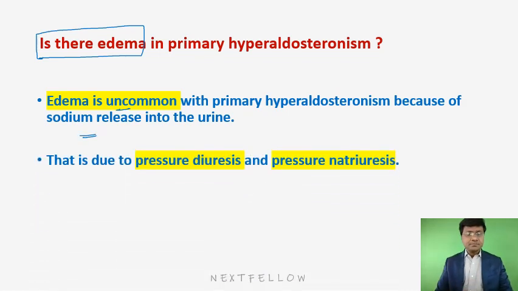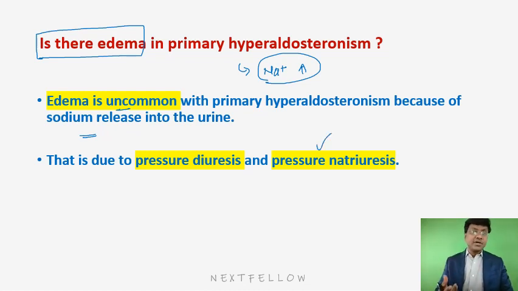See, normally when there is an increase in aldosterone, that will cause sodium retention. But when this sodium is excessively retained, that will again come back to the renal tubules. So there will be increased sodium load in the tubules. That will cause the pressure natriuresis.